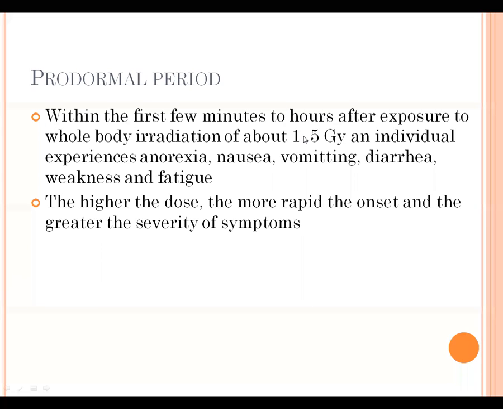Within the first few minutes to hours after exposure to whole body irradiation of about 1.5 grays, the individual experiences anorexia, nausea, vomiting, diarrhea, weakness, fatigue, and the higher the dose, the more rapid the onset and greater the severity of the symptoms.